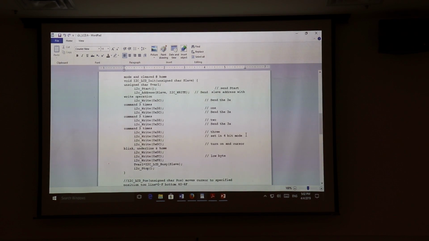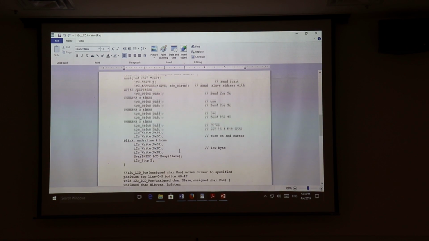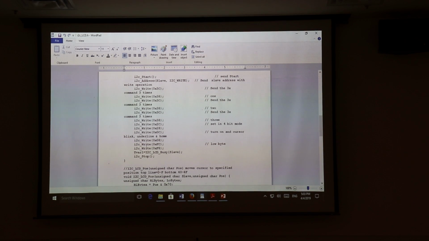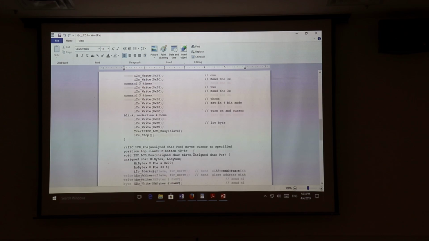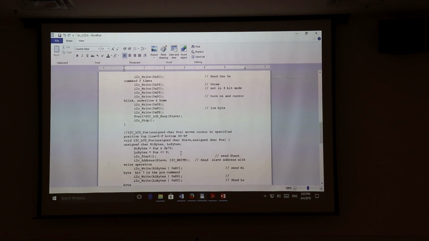And so anyway, we do that, and then we put it in 4-bit mode, and then we turn it on and set the cursor to blinking underline, and then we set it to go to the low byte, and by sending out that command, so we're sending that out, and you can see, we do I2C write, I2C write, I2C write, we check the busy bit, and then we send out the stop bit, and then we're done, more or less.